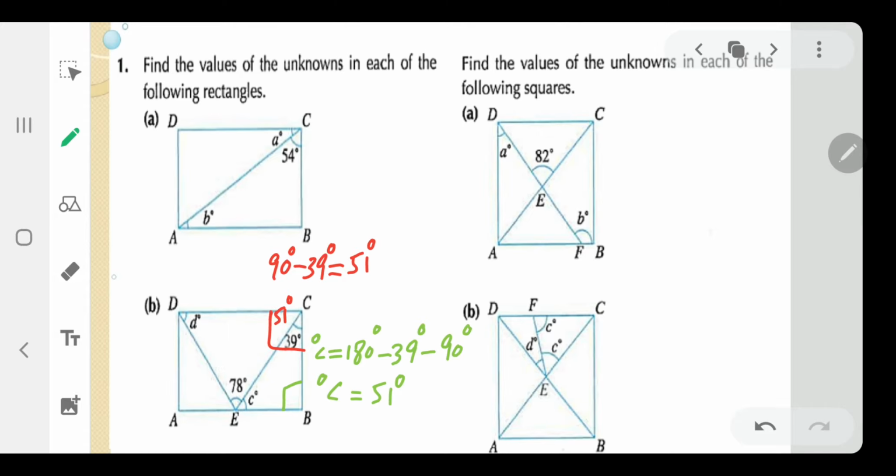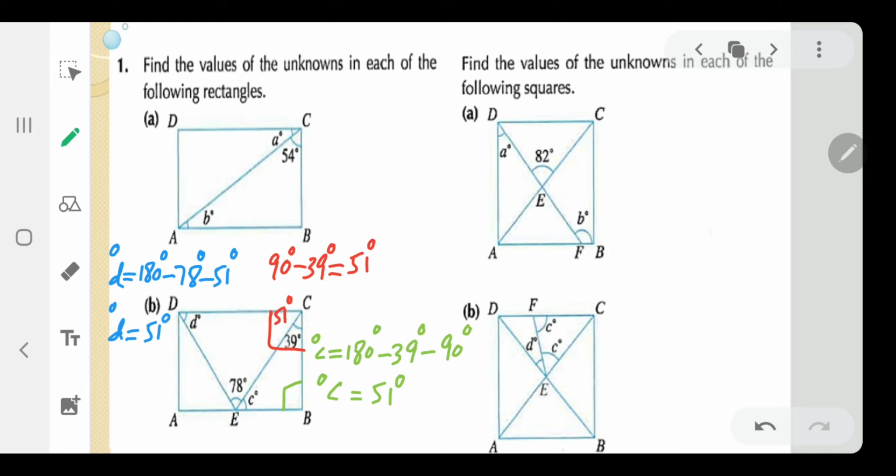D is equal to 180 degrees, right, minus 78 degrees and minus 51 degrees. So D is equal to 180 minus 78 minus 51. The value of D is 51 degrees.